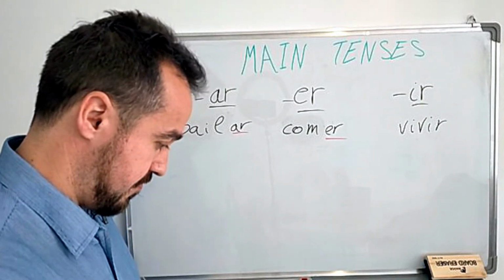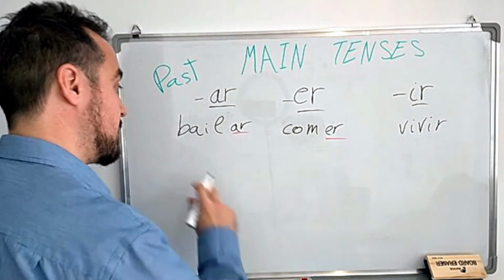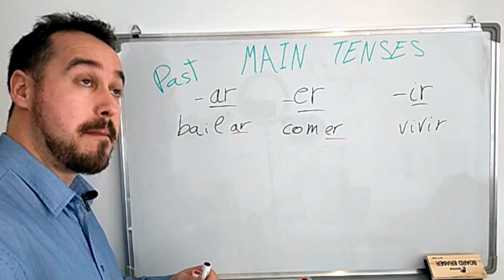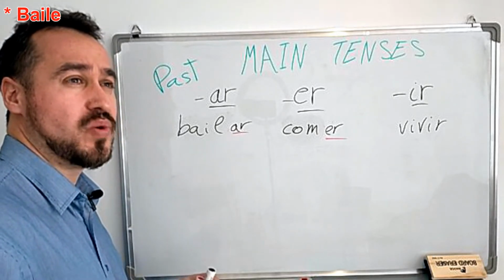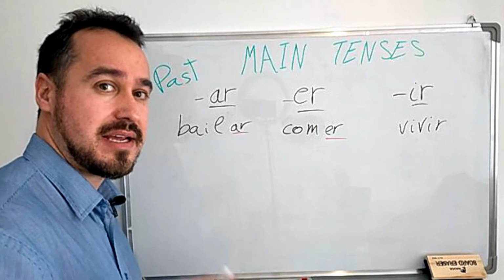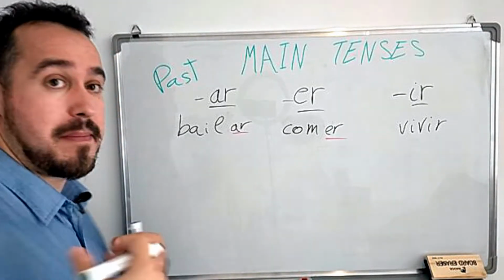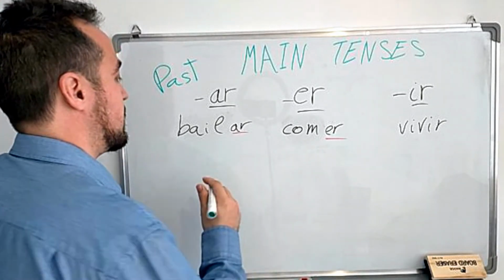So now it's gonna be quite different. So before was bailo, I dance. Baile, I may dance. So she wants me to dance would be ella quiere que baile. So bailo, baile. In the past, it's gonna be different.